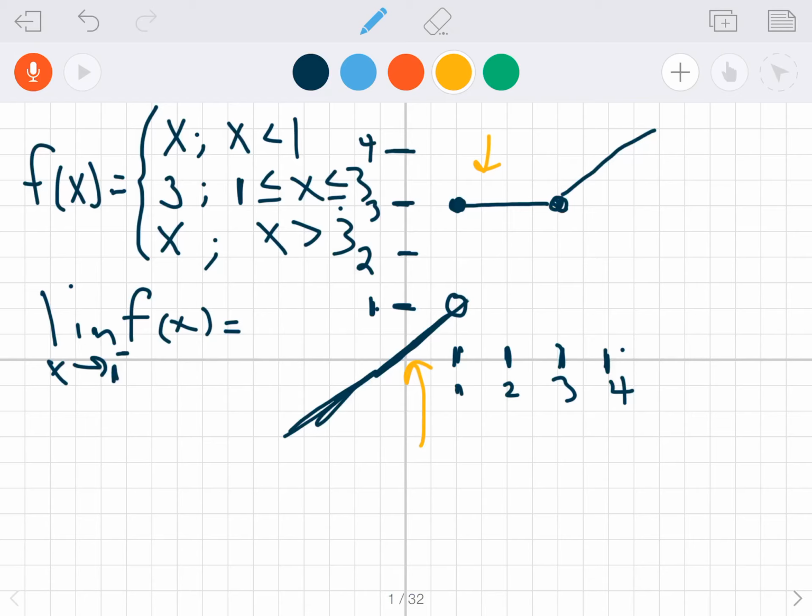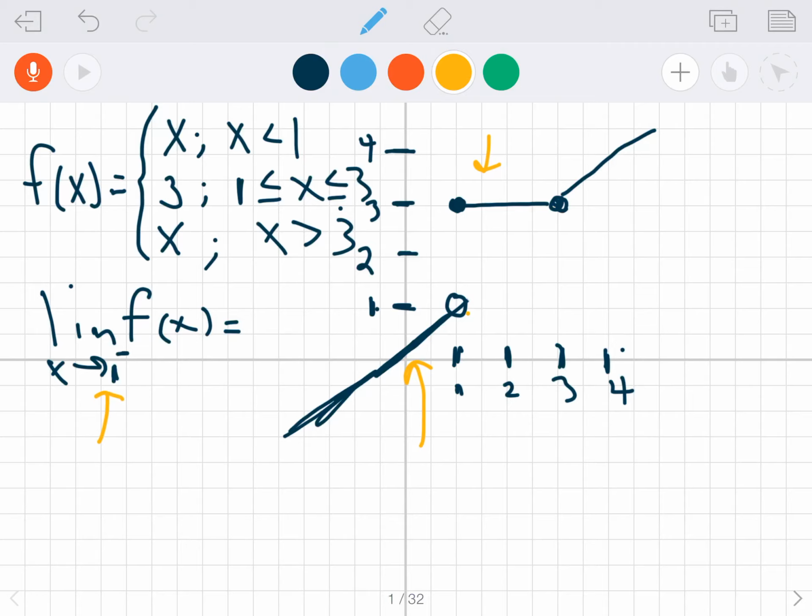So as we approach 1, we're approaching this value here, we're essentially asking ourselves, when x is 1, what is y? So let's look at the graph. When x is 1, well, what is y? Well, it's not defined, but that's okay because we know the definition of a limit is the value that cannot be obtained.